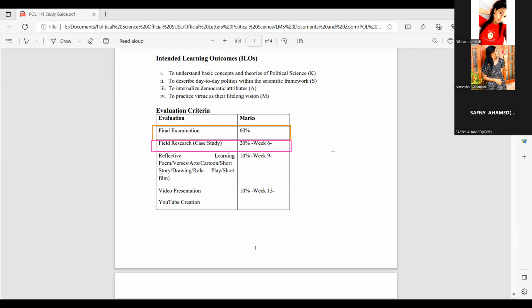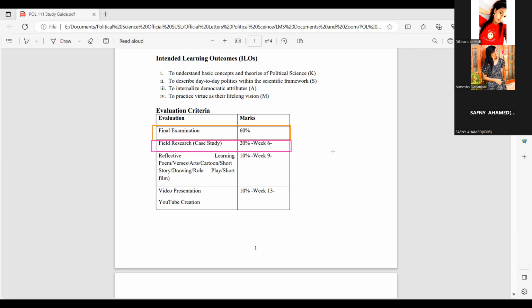You have theoretical knowledge, then you will go to the field to see the society openly and closely, and come out with very good findings and also new knowledge, right?